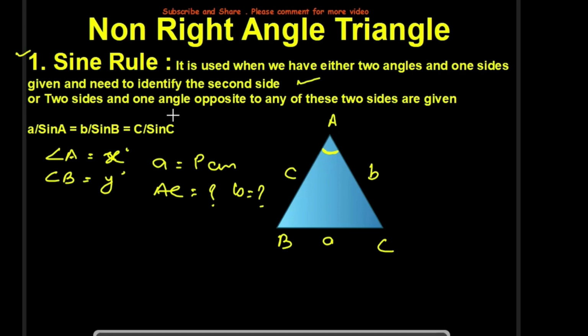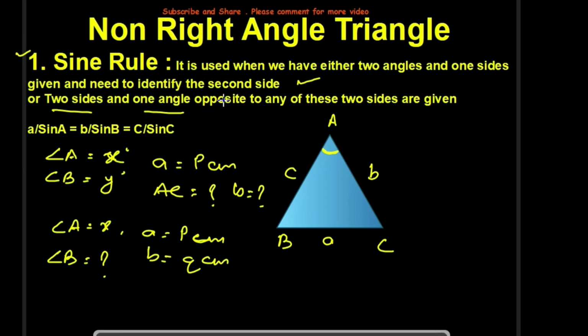Or two sides and one angle. Suppose the question says angle A is x, a is equal to p centimeter and b is equal to q centimeter, and they are asking us to identify the value of B. In this scenario, two sides are given and one angle is given, and that angle is opposite to one of the two sides, then we can use this sine rule.